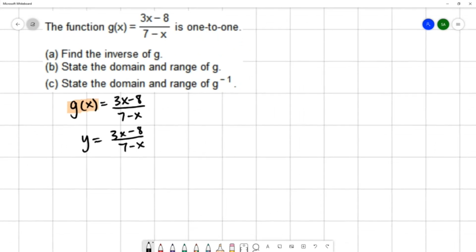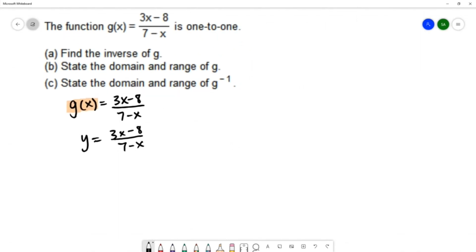The next thing we're going to do is what will help us produce the inverse of g. With inverses, the x's and y's are switched, so we're going to switch the location of our x's and y's in our equation. Instead of a y here, we're going to have an x, and then 3y minus 8 over 7 minus y.